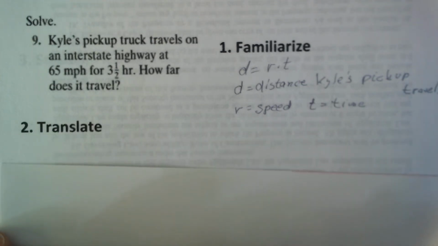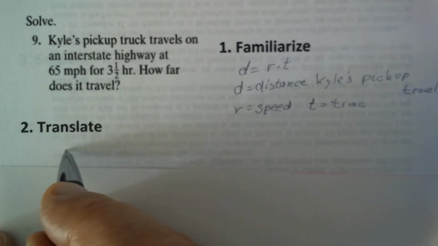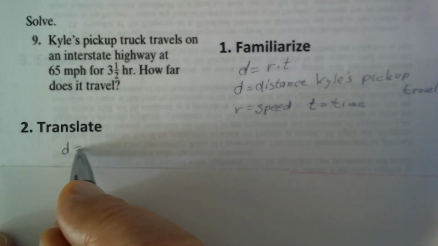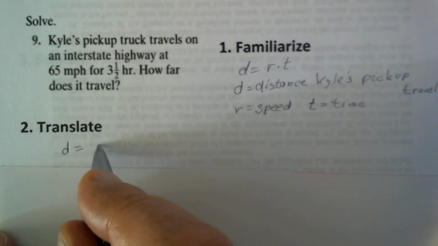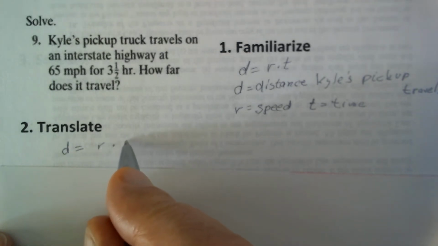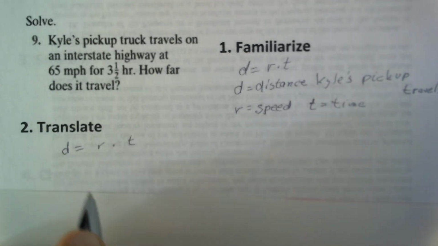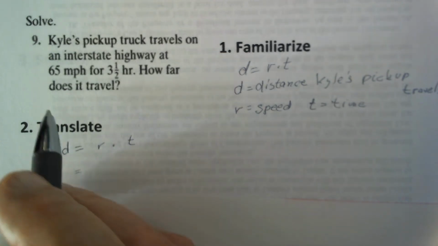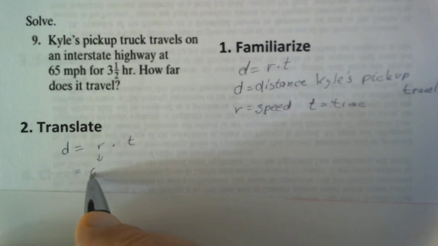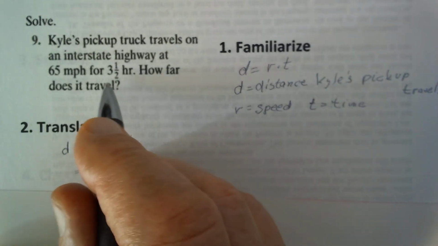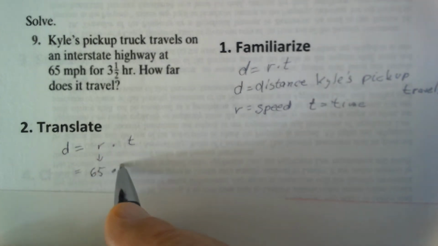So we translate this and say, okay, the distance traveled equals r times t. In other words, the speed is 65 miles per hour times the time, and the time is 3.5 hours.